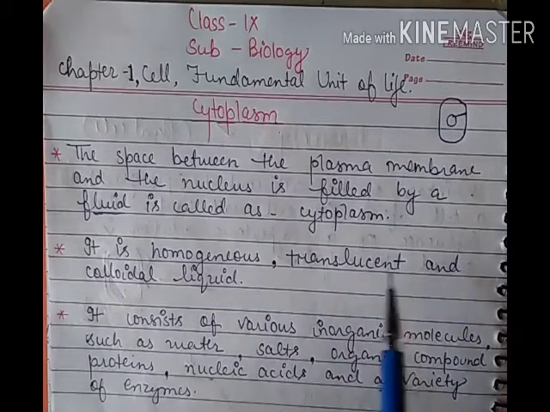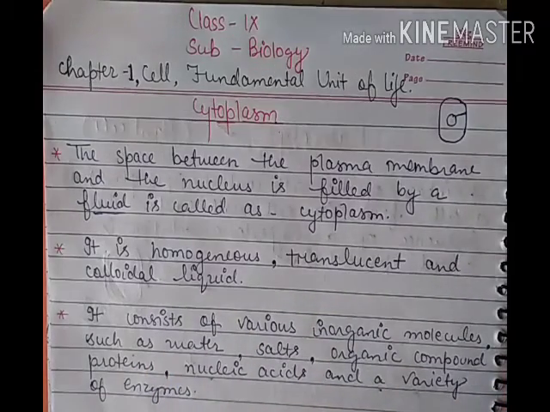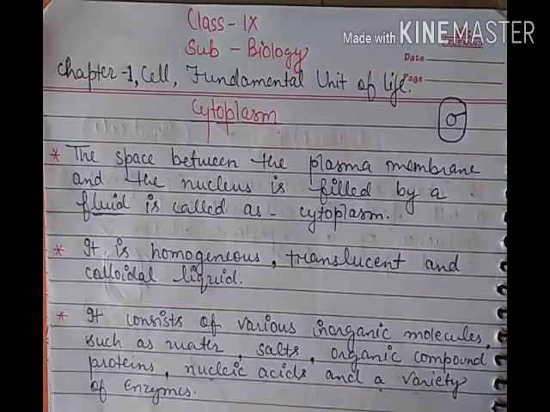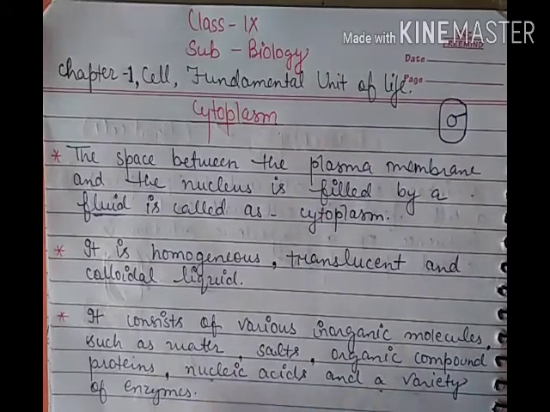So the fluid found inside the cell between the cell membrane and the nucleus is known as cytoplasm, and in that cytoplasm various inorganic molecules such as water, salt, organic compounds, proteins, nucleic acids and a variety of enzymes are found.